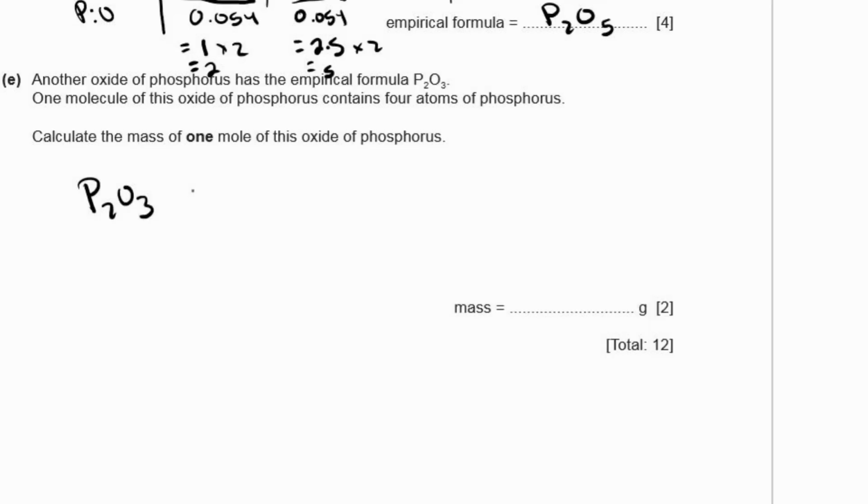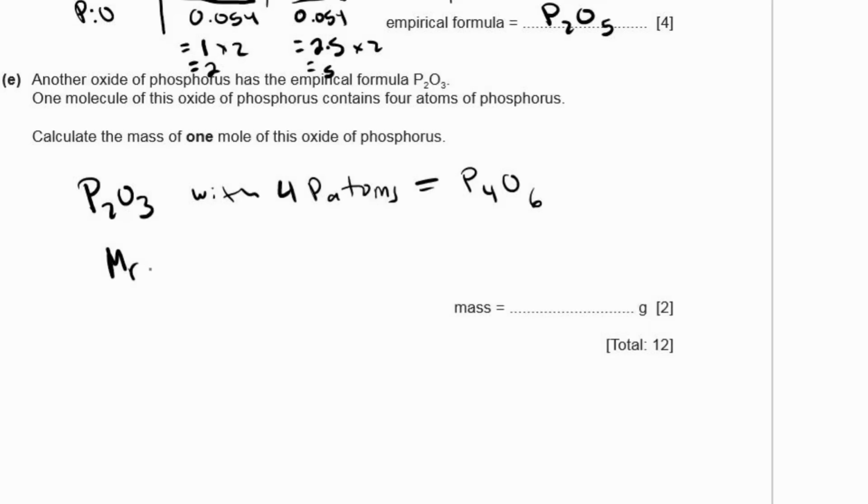With 4 P atoms, that equals P4O6. Because we need 4 phosphorus atoms, we've had to multiply the number of atoms in the empirical formula by 2, so we have to do the same with the oxygen. Okay, so now we just find the relative molecular mass of this molecule.